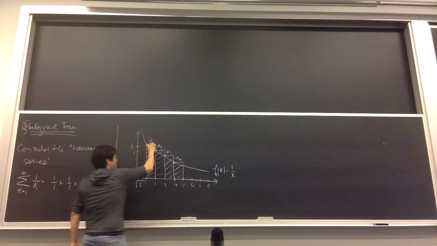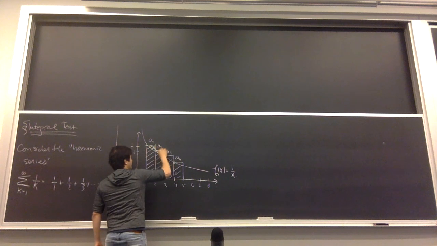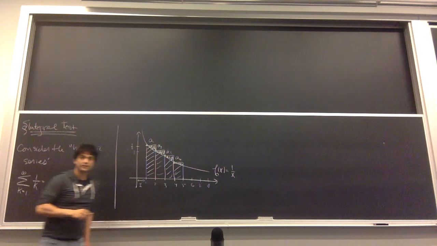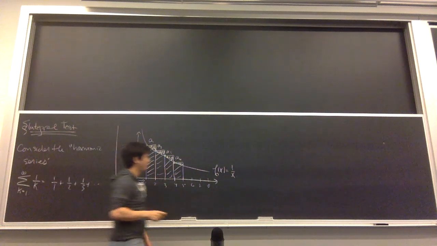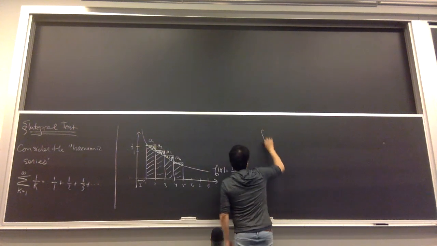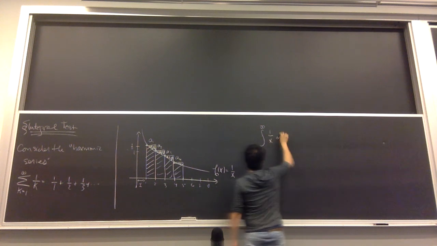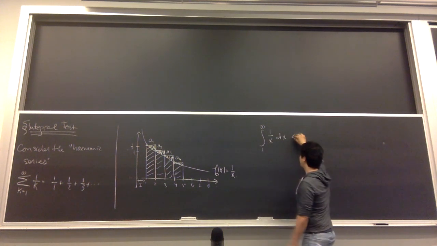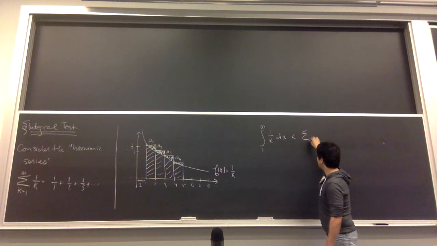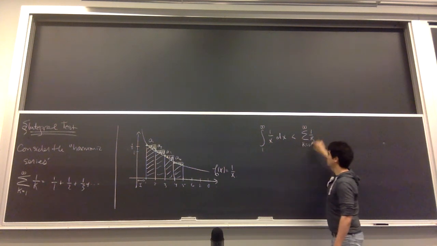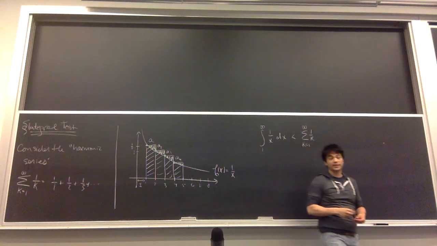Less, right? Because we're missing all of this, all of this, all of this, all of this. But what then have we observed? We observed that the integral from 1 to infinity of 1 over x dx is in fact less than the sum from k equals 1 to infinity of 1 over k by this sort of geometric argument. Does that make sense?